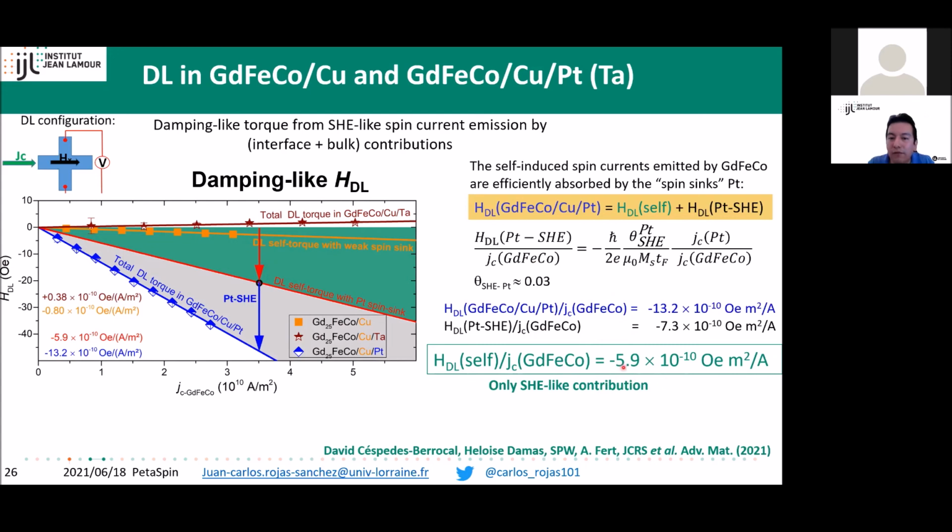It's about -510 to -10. It's similar to the most effective heavy metal. We can compute also the spin Hall effect in this system, and we can see that it's large, 0.16. So we have disentangled this from the total efficiency that we estimated using spin torque ferromagnetic resonance.